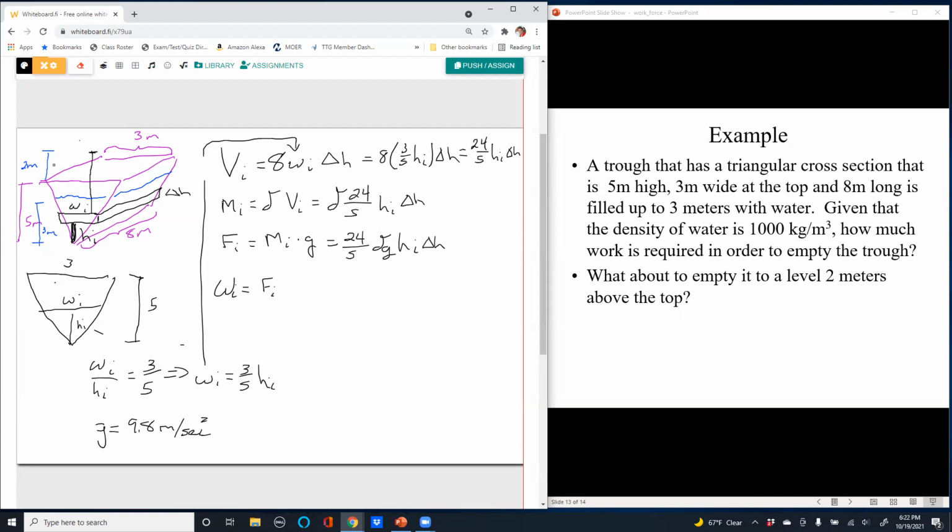Because we want to get it 2 meters above. From the tip of the triangle up to here is 5, and here to here is 2, right? So this total distance is 7. But I'm subtracting off the H sub I. So the distance that I need to move my slice is 7 minus H sub I.